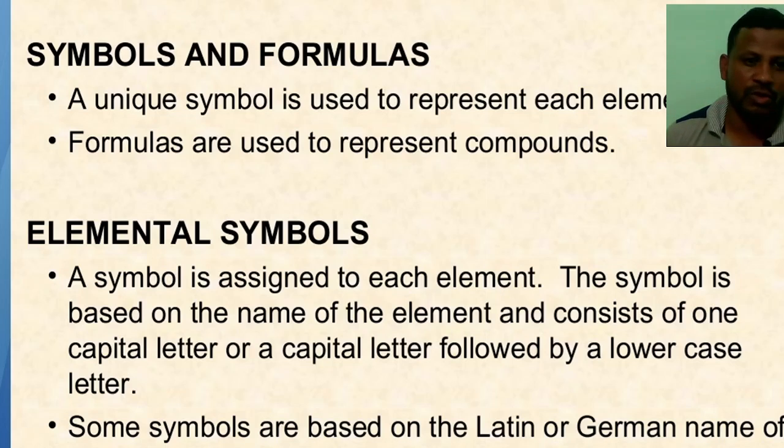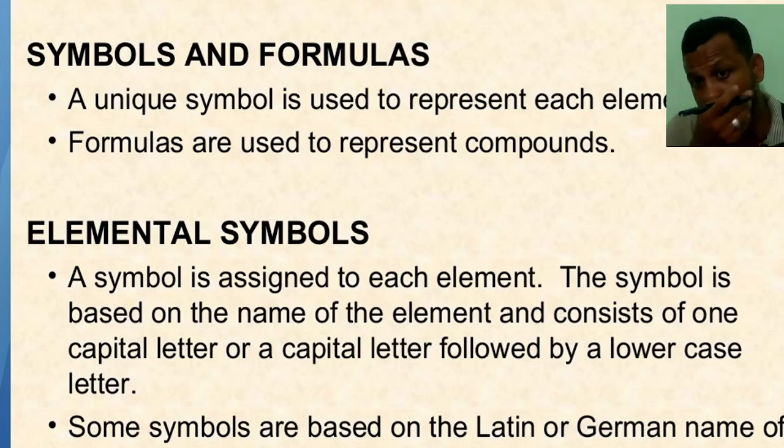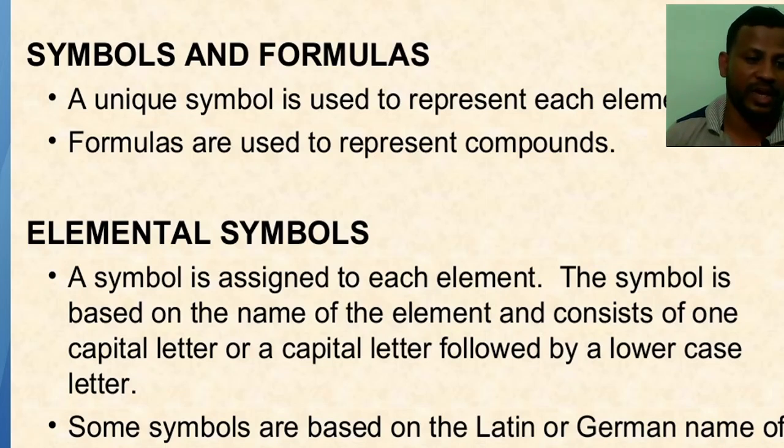Like this, a lot of compounds are represented by formulas. For sulfuric acid we use H2SO4. Like that we use formulas to represent the compounds. A compound means the combination of two or more elements.